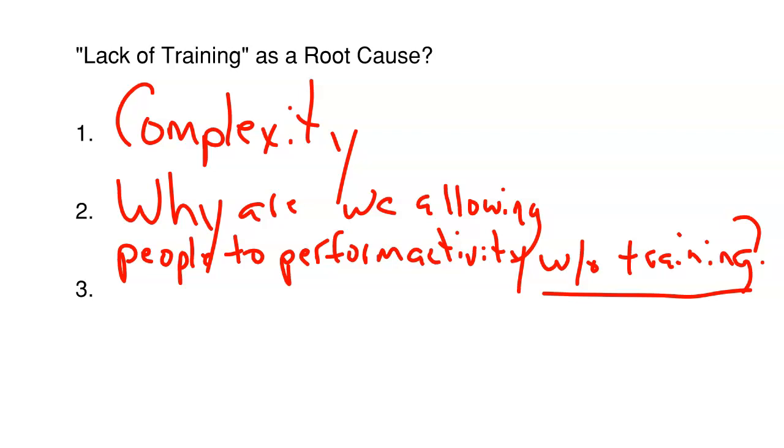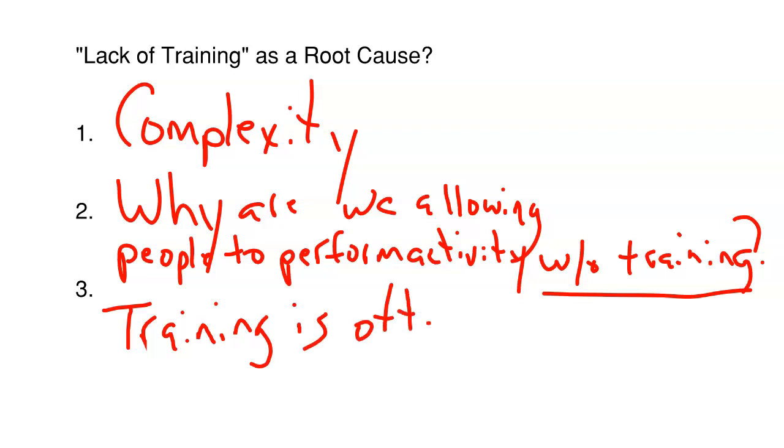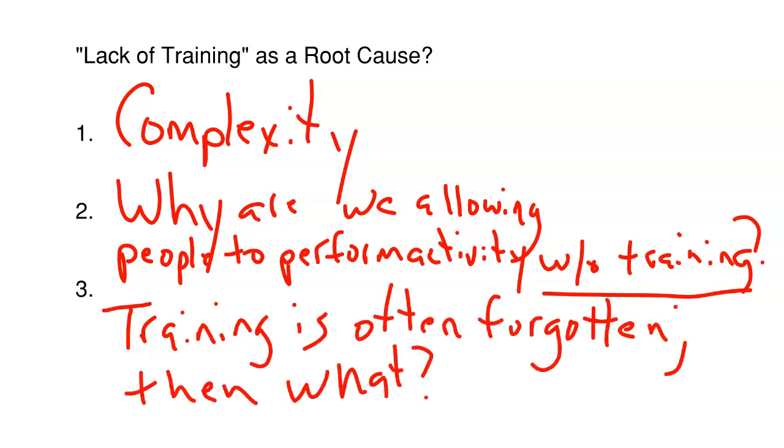The third condition is maybe it's not about complexity, maybe it's not about allowing people to perform the activity without the prerequisite skills needed. The third characteristic could be the following. We know that no matter how good the training curriculum is and how impactful the instructor is and how attentive the student is, there is retention lost over time.